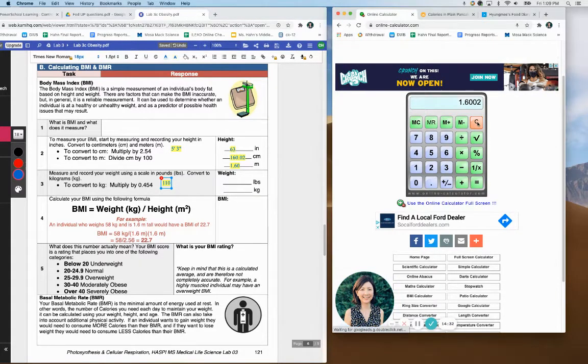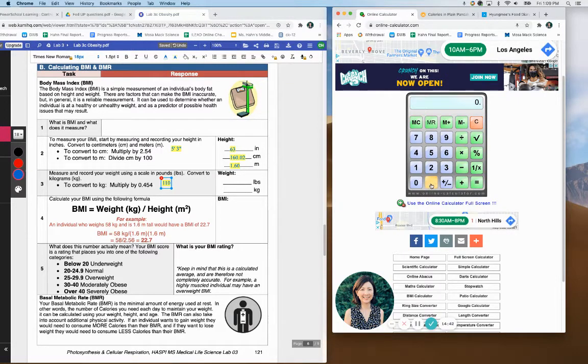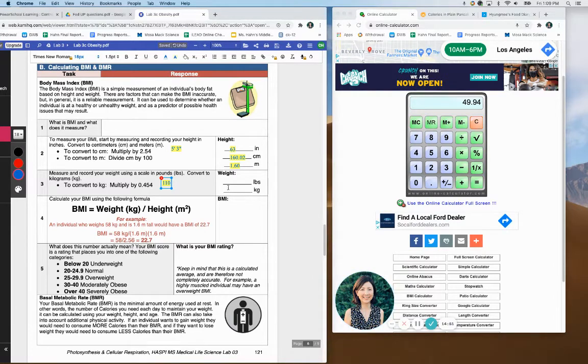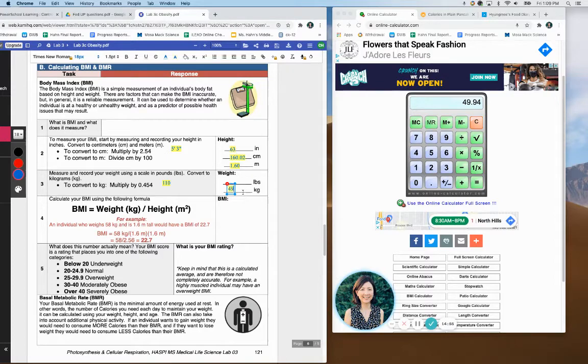So I'm going to clear this up, and I'm going to be 110 times 0.454, and that will give me 49.9 kilograms. Okay, I'm just going to say 50 kilograms, and my weight in pounds was 110.